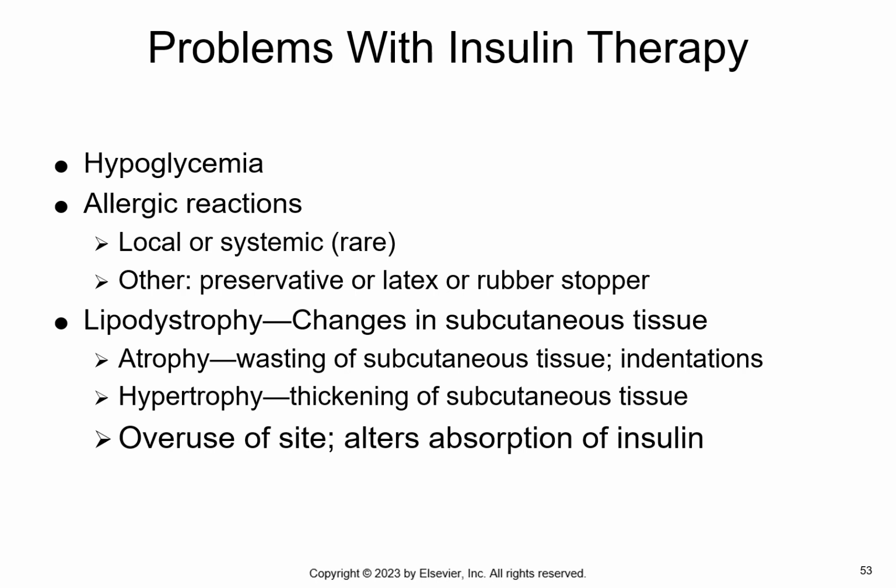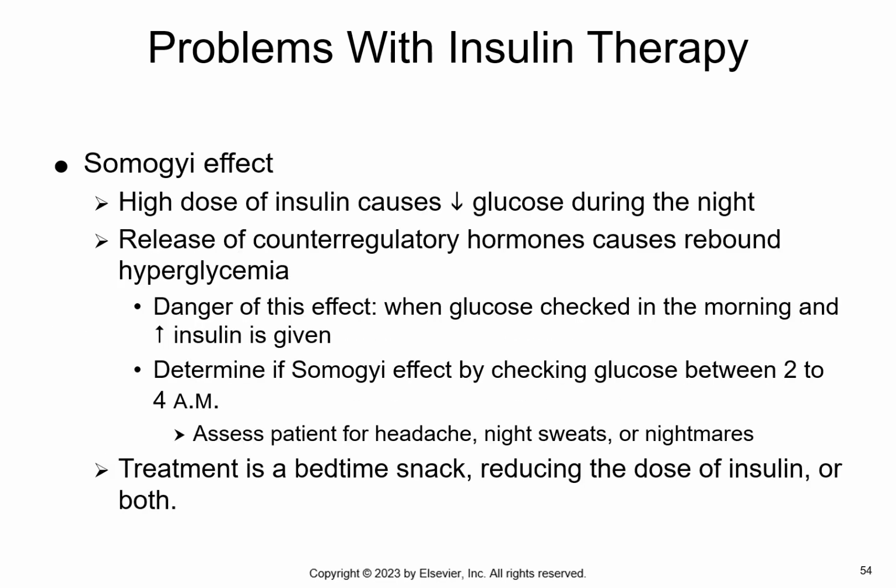Then we look at the Somogyi effect and the dawn phenomenon. Hyperglycemia in the morning may be due to the Somogyi effect. A high dose of insulin causes a decline in glucose levels during the night.